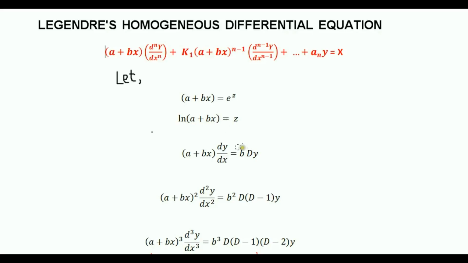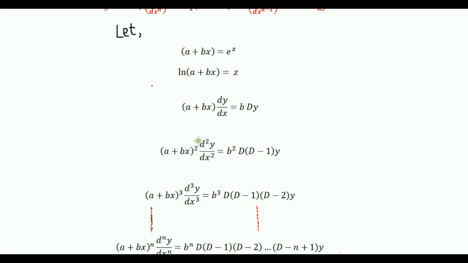By solving the equations as we have discussed in the previous video of Cauchy differential equation, we'll get our final answer, which looks like this: (a plus bx) dy by dx is equal to b D y. Likewise, (a plus bx) whole square d square y upon dx square will equal b square D(D minus 1) y.